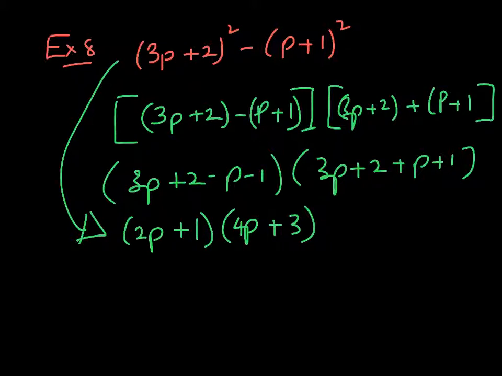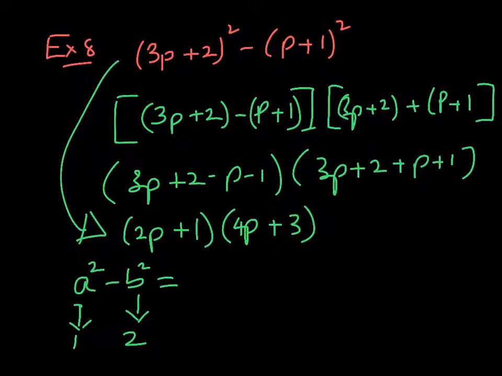So you want to remember, when you are working with a difference of two squares, let's say a squared minus b squared, to factor it, all you need to do is what? You're going to remember this is the first term and this is the second term. So you're going to add the first term to the second term in one of the factors, and you're going to subtract the second term from the first term in the other factor.